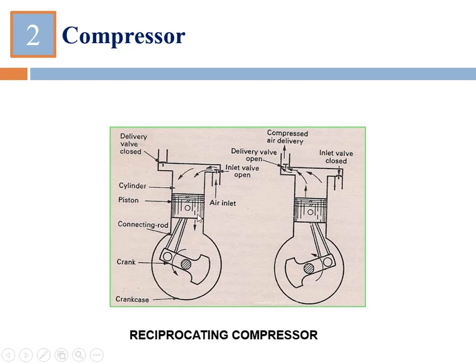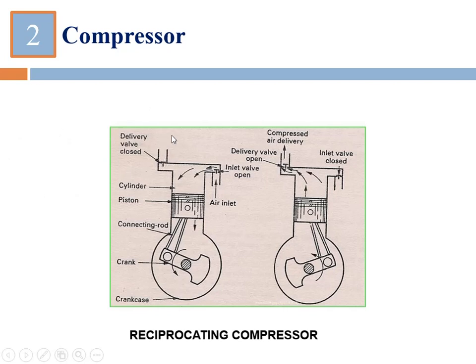Now that air will get pressurized as the piston is moving up, and this will create a pressure difference. Now the pressure within the cylinder is higher than the atmospheric pressure, so the inlet valve will get closed this time. And when the pressure reaches beyond the delivery side pressure, here is a delivery pipe, and some pressure is there which is obviously higher than the atmospheric pressure. That is the function of the compressor, to provide high pressure air, higher than the atmospheric pressure.